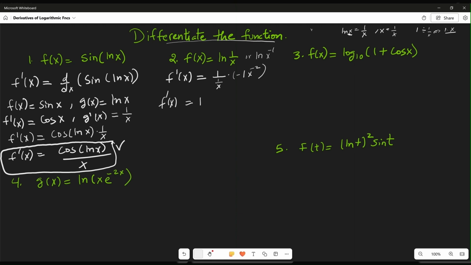So this is going to be 1 times x, and here is this x to the negative 2, or you can write this in its original format, which is simply 1 over x squared. So the derivative of this function is x times negative 1 over x squared, which simplifies, so the derivative of this function is equal to negative 1 over x.